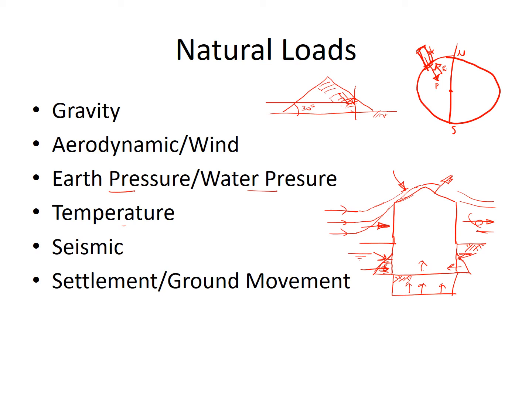Coming on to temperature loads, if you have two bridge abutments with a simply supported bridge deck, that bridge deck will be subject to temperature variations, and those temperature variations might, for example, between summer and winter go down to minus 10 degrees for argument's sake, and go up to plus 40 degrees Celsius.